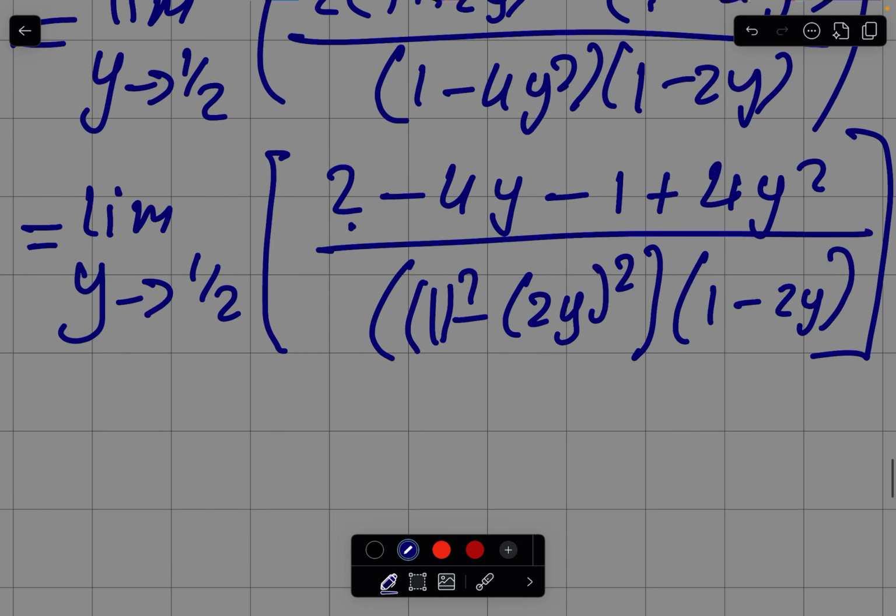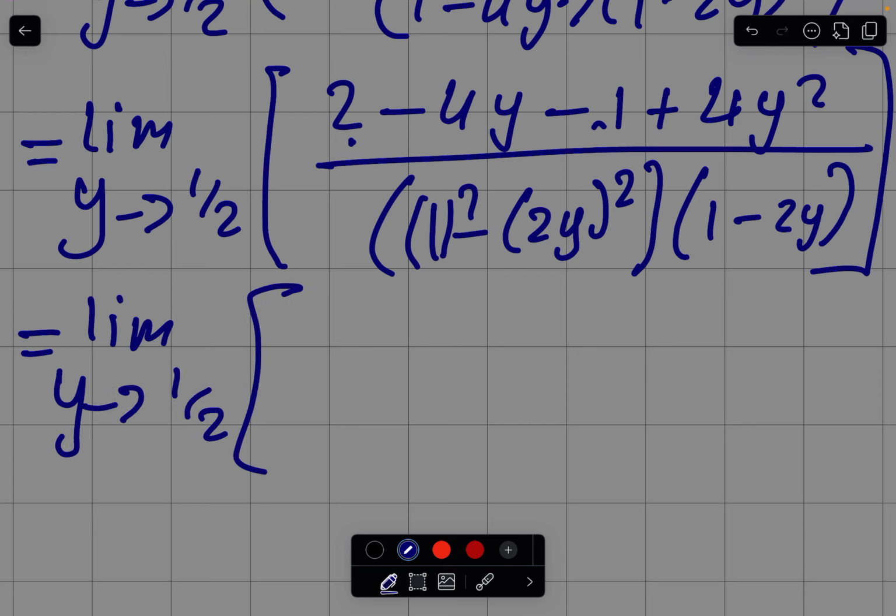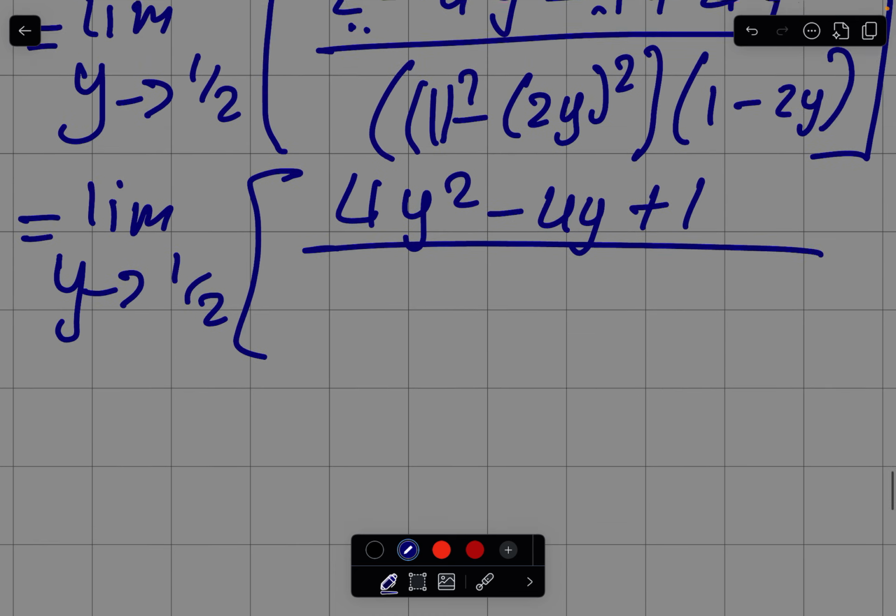Understand? So we are going to have 2 minus 1. You are going to have the limit as y approaches 1 over 2. You are going to have 4y squared, then minus 4y. 2 minus 1 is what? Is plus 1. All divided by what?